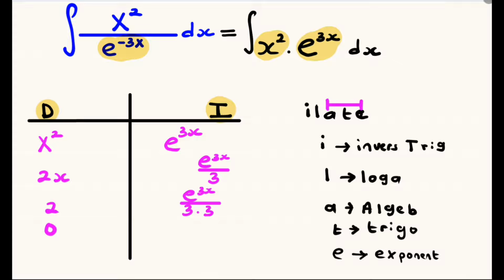But 3 multiplied by 3 is equal to 9. And the integral of e raised to the power 3x divided by 9 is equal to e raised to the power 3x divided by 9 multiplied by 3. But 9 multiplied by 3 is equal to 27. We are now done with the table.